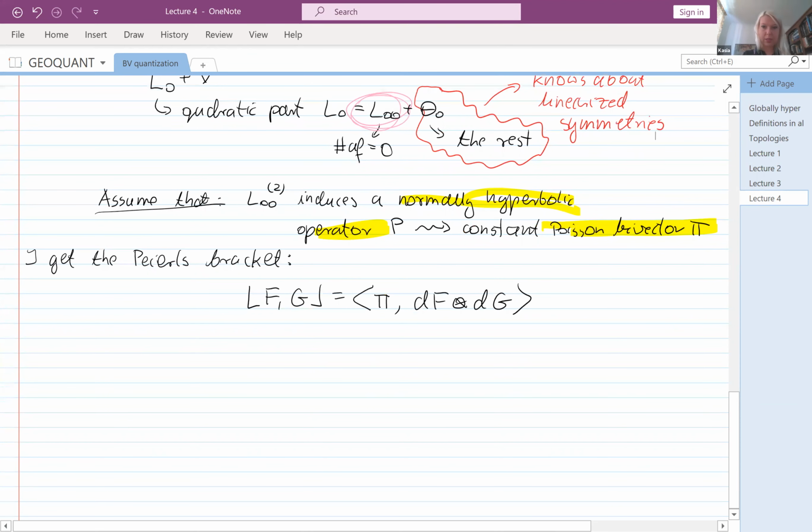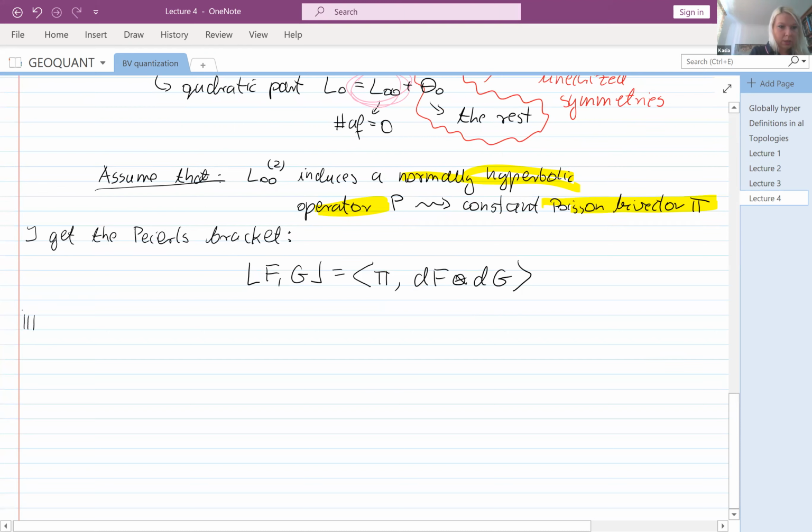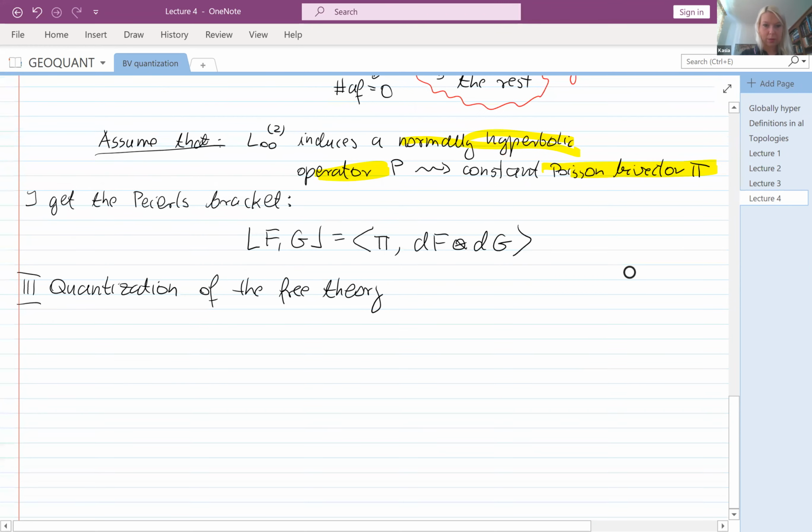Okay, so the next step here is quantization of the free theory. The free theory is given in terms of that bracket. So we have the bracket, and we have the linearized, yeah, let me maybe write down this free classical theory.